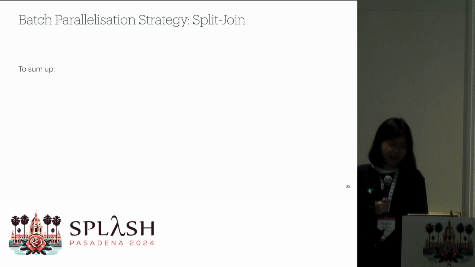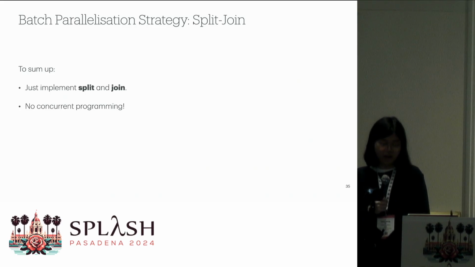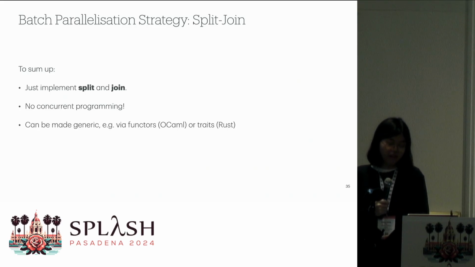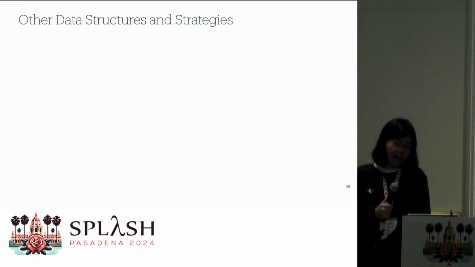So to sum this up, for a data structure that follows this pattern, we will only need to implement a split and join function. There's no concurrent programming involved. And all the rest can be made generic and pre-implemented, for instance, by functors in OCaml or traits in Rust. And of course, red-black trees are not the only data structures that we have.